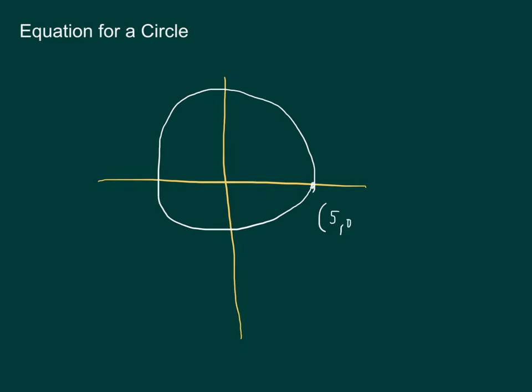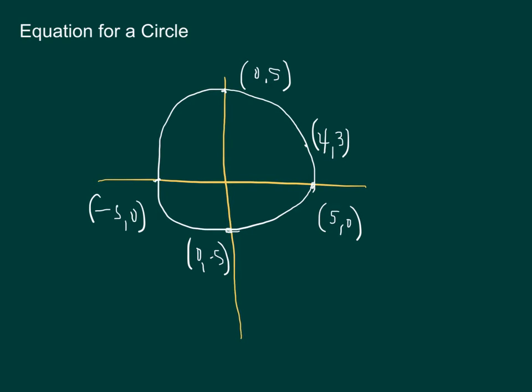There's coordinate 5, 0 over there, and up here is going to be 0, 5. Over here is going to be negative 5, 0. And here is 0, negative 5. So this is a circle with radius 5 centered at the origin. There are some other points that you know are going to be on here. 4, 3 is going to have to be on here, because that distance is going to have to be 5.